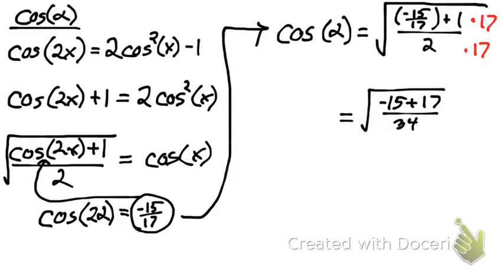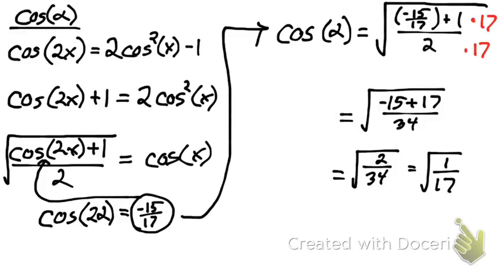Negative 15 plus 17 is just 2, so this is the square root of 2 over 34. Simplifying the fraction, it's just 1 over 17. So this is the square root of 1 over 17, and the square root of 1 is just 1.